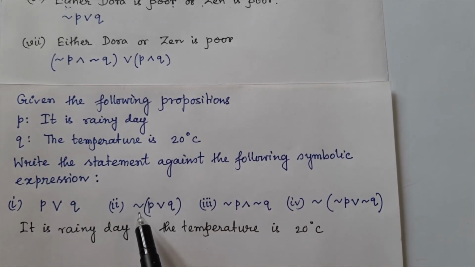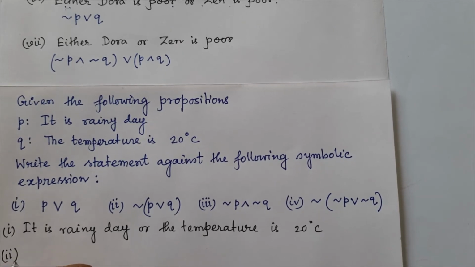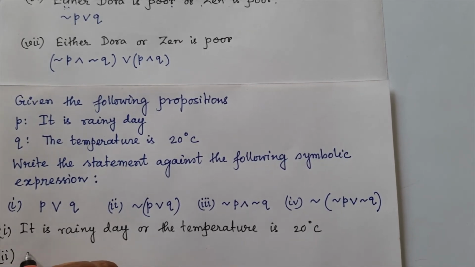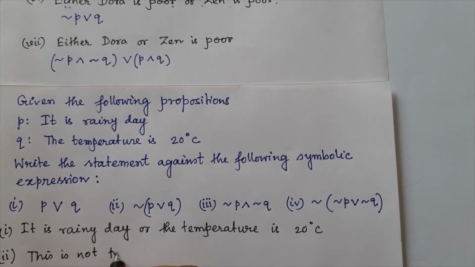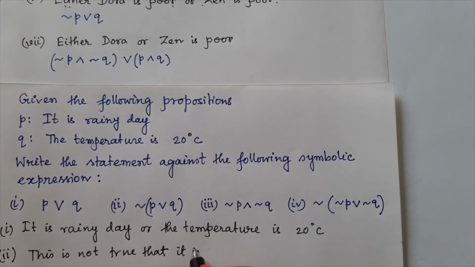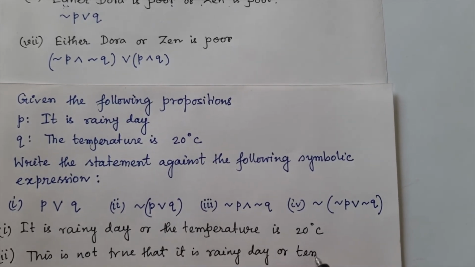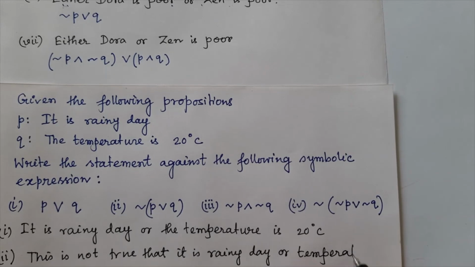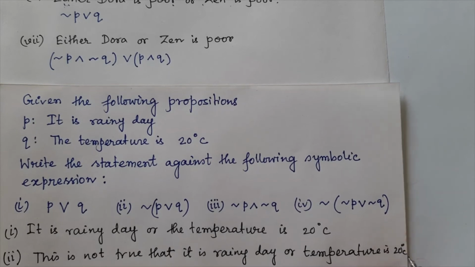Next expression is negation P or Q. This is not true that it is a rainy day, or temperature is 20 degrees Celsius.